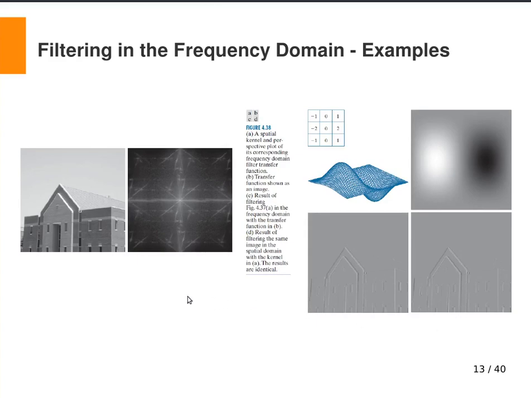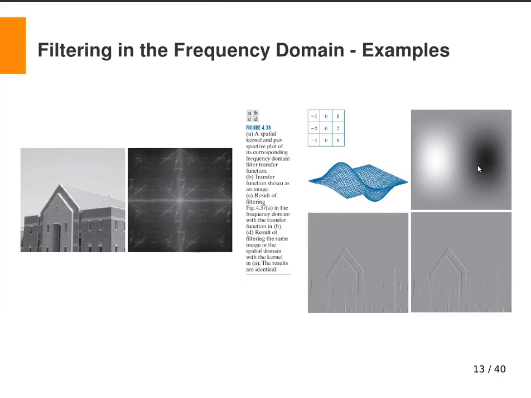And this is another introductory example to show that filtering in the frequency domain and filtering in the spatial domain, if you consider all the conditions correctly, produce identical results. So on this image we have the original image of the house, and this is the Fourier spectrum of this image. Of course it is centered. On this side we have a spatial kernel that is used to do edge detection, and this is the perspective representation of it in the frequency domain.